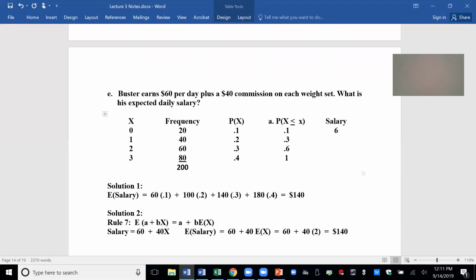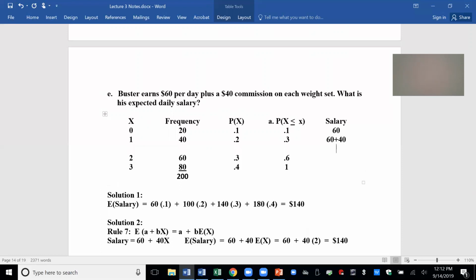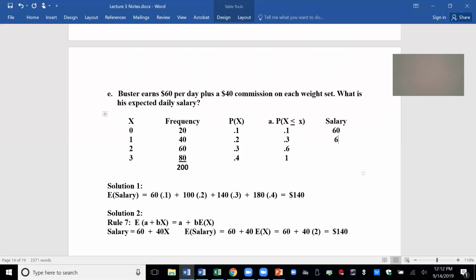So it's 60 is my salary if I don't sell any sets. It's 60 plus 40 if I sell one set, if I sell 2 sets, it's 140 bucks.